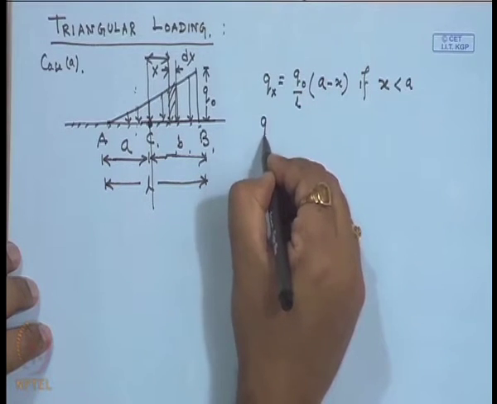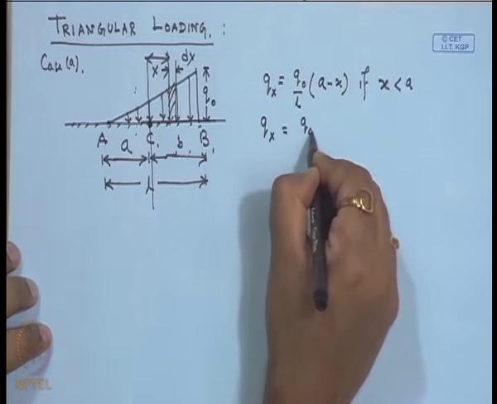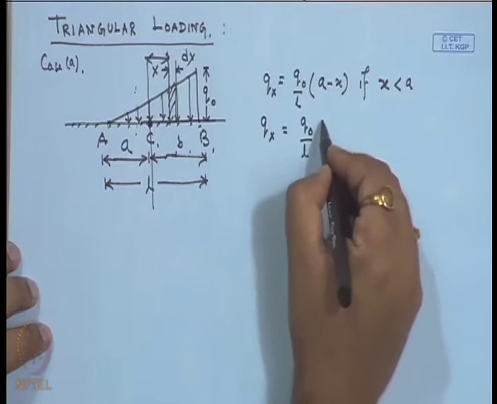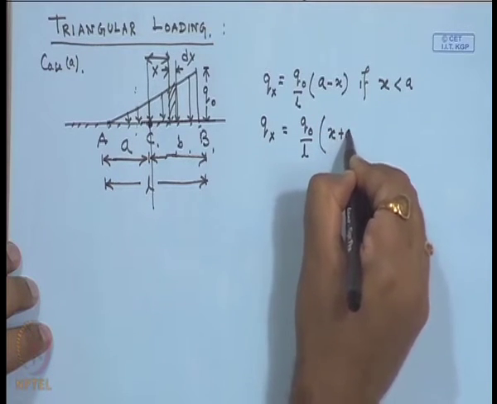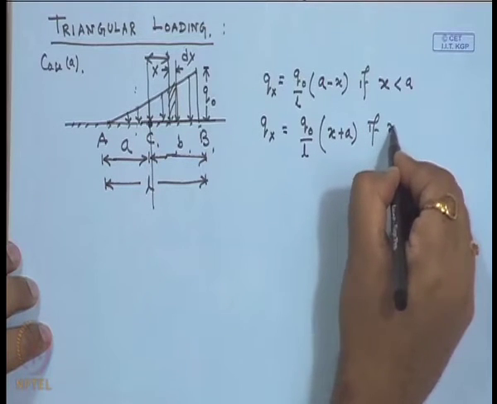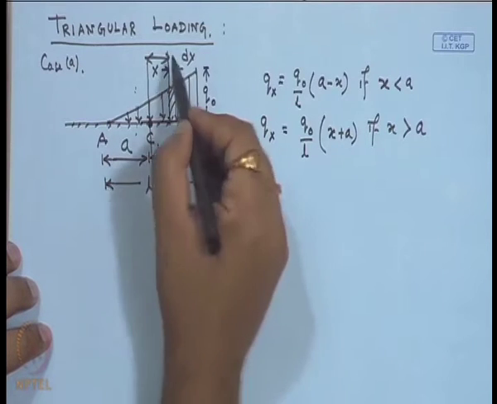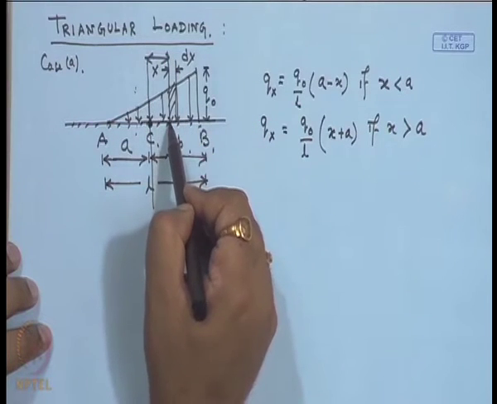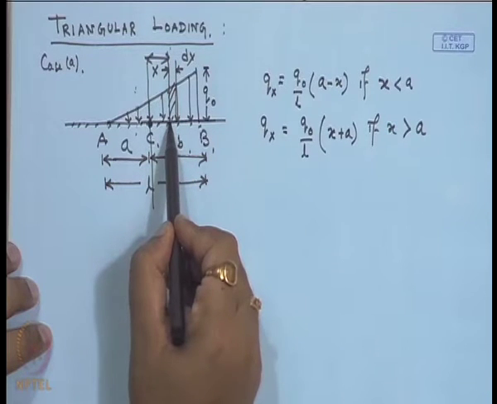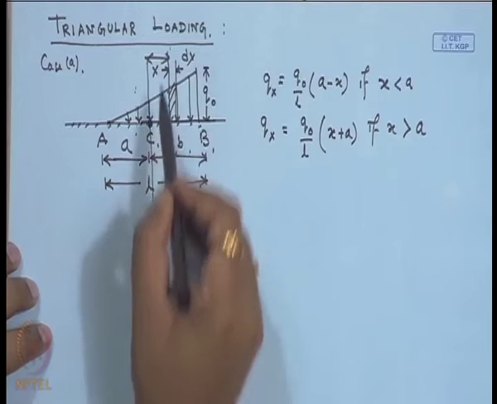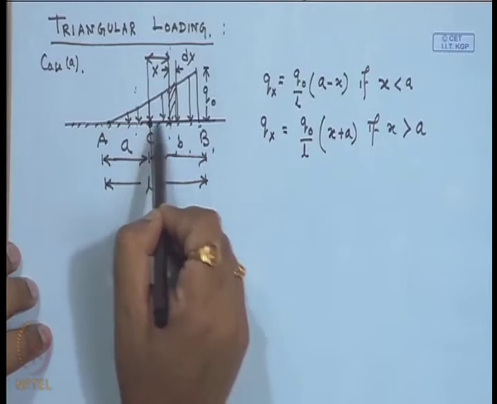And similarly, q x is q 0 divided by L into x plus A, if x is greater than A. So, now in this case x is greater than A. So, for this loaded point the distance is A plus x.